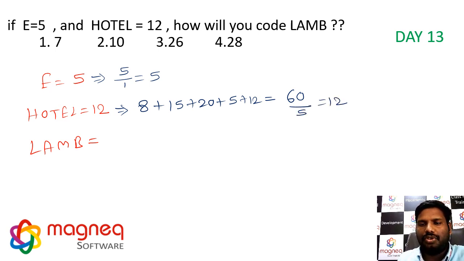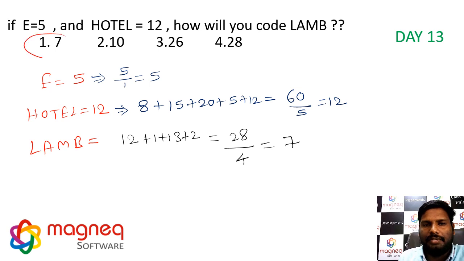So the next one should be the same: L value 12 plus A 1 plus M 13 plus B 2. Total sum 28 by 4 letters. 28 by 4 means 7, so the first option. It is the average: the sum of letters divided by the number of letters.